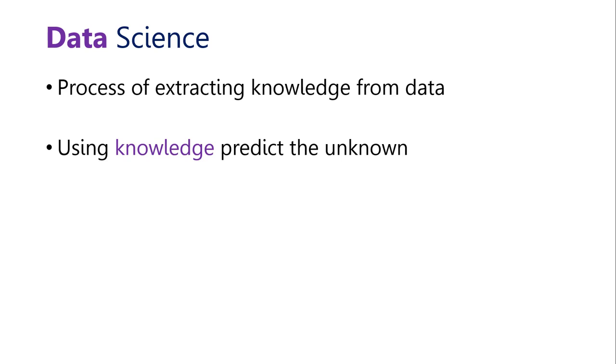Now we got the knowledge. We got the information, nothing but knowledge. Now what are we going to do with this knowledge? Using the knowledge to try to predict the unknown or to make decisions from the knowledge is called machine learning.